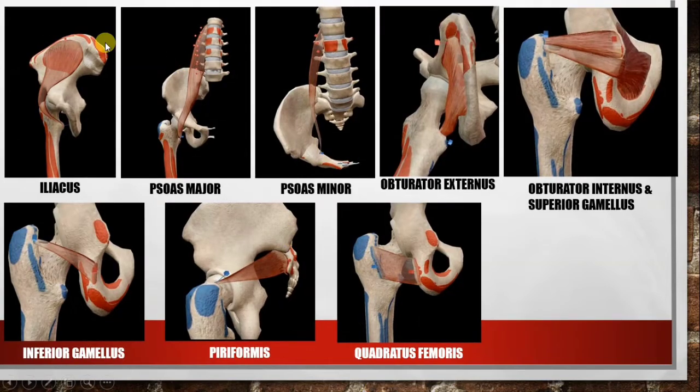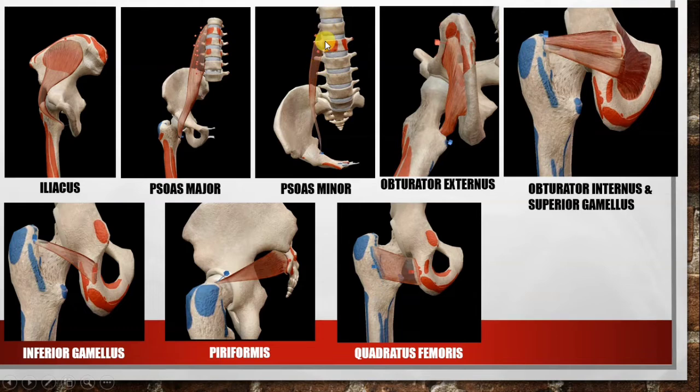So we'll see these muscles in a picture. First of all, you can see here the iliacus arising from the iliac fossa and attached to the lesser trochanter of the femur. Then there is psoas major arising from the vertebral bodies as well as their transverse processes, attached to the lesser trochanter of the femur.